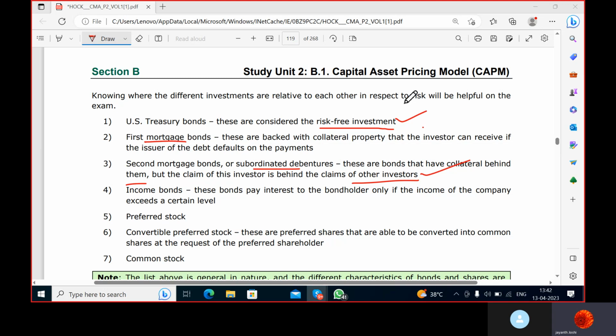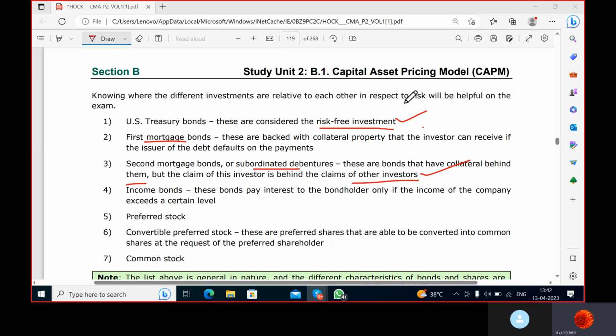Generally, a subordinated debenture is an unsecured bond which doesn't have security, and first mortgage bonds are the secured bonds. So tell me, whenever the repayment comes, the company has to repay both of them, but who is making the claim first? The ones who have given their asset as collateral, am I right? They are the ones who have to be ranked first, and then these people will be given the next priority.